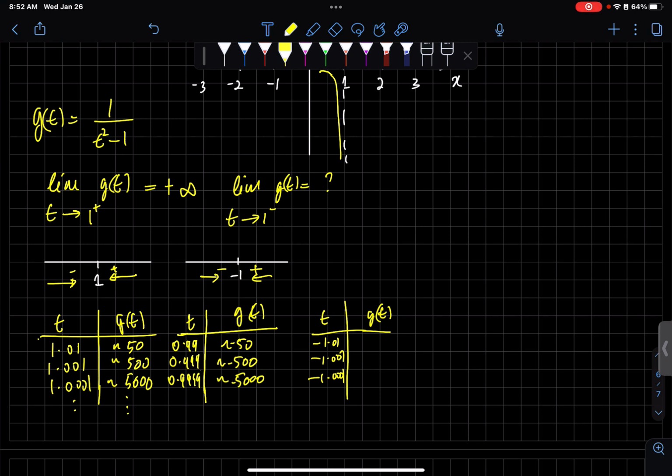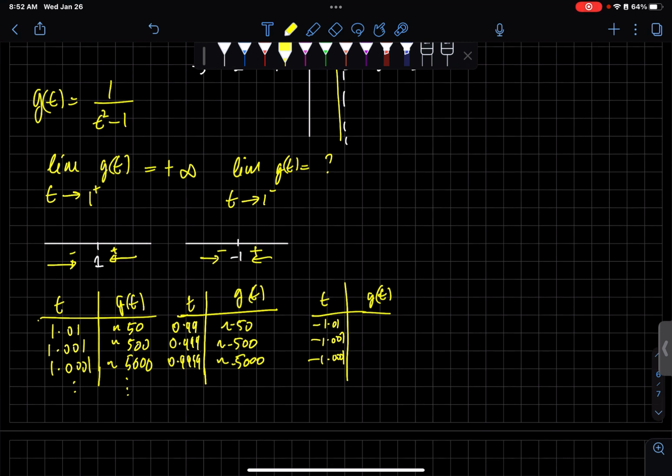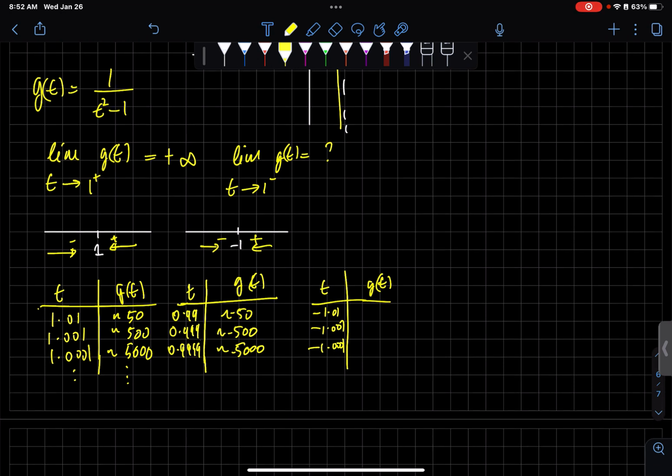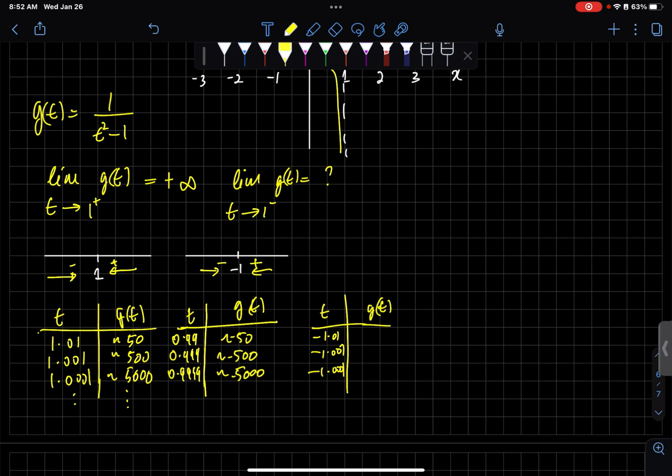So we're coming towards -1. -1.001 is a larger negative number than -1.0.